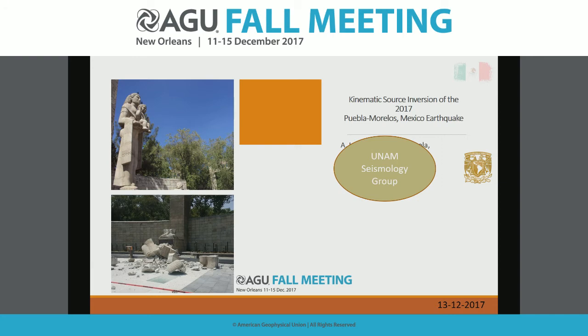This monument was built in 1964, and after 1964 it resisted a lot of earthquakes, including the 1985 Michoacan earthquake. However, in the September 19th, 2017 earthquake, the monument collapsed.